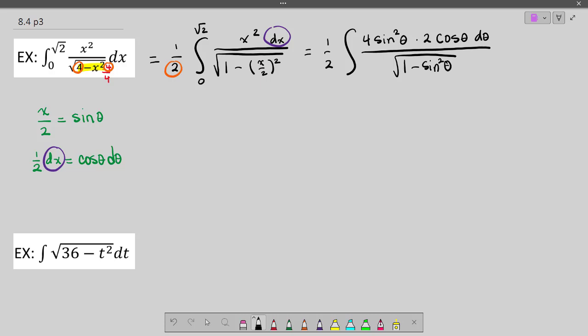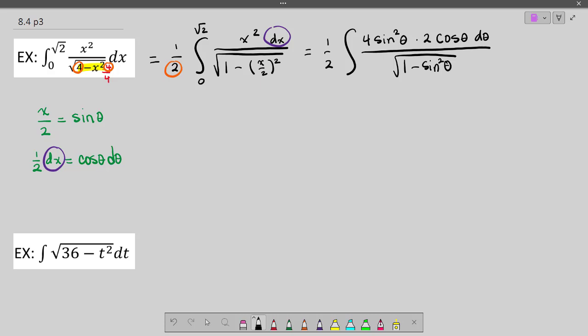Now, limits of integration. We can convert them for sure. We know how to convert. We could plug in the root 2. These are x limits, so we can plug in x equals 0, x equals root 2. In my experience, it's easier to just forget about the limits and then at the very end go back to the x limits.